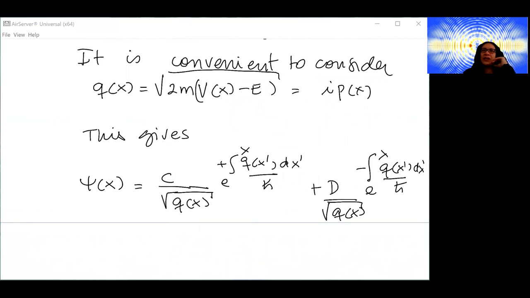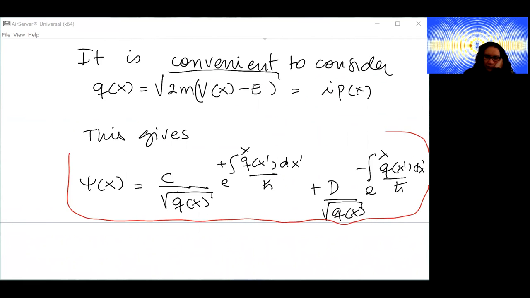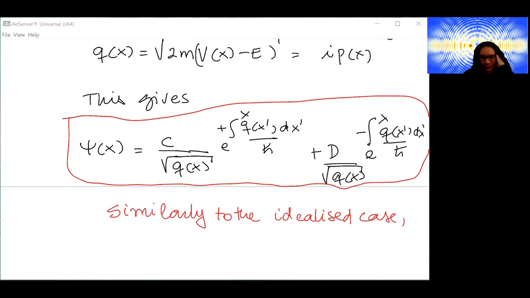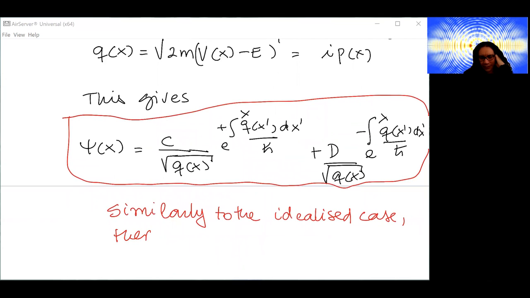Okay, so similarly to the idealized case, there is growth and decay.